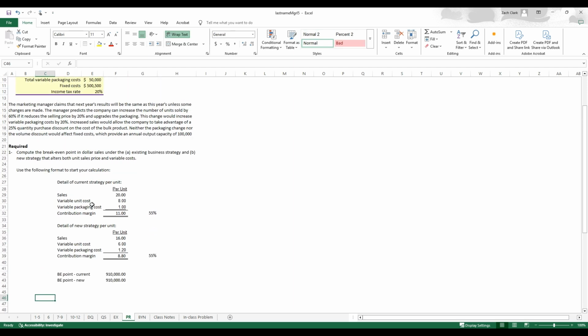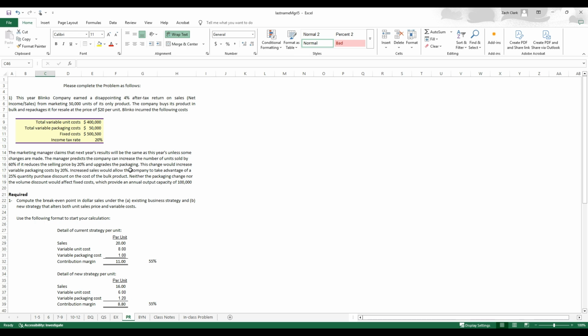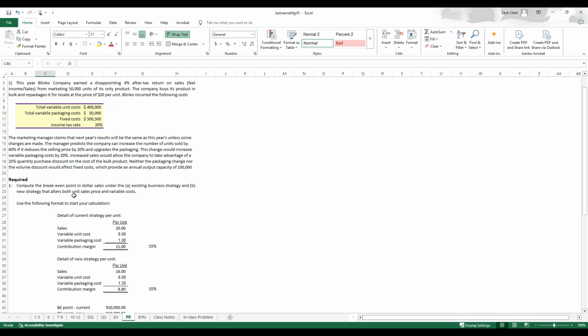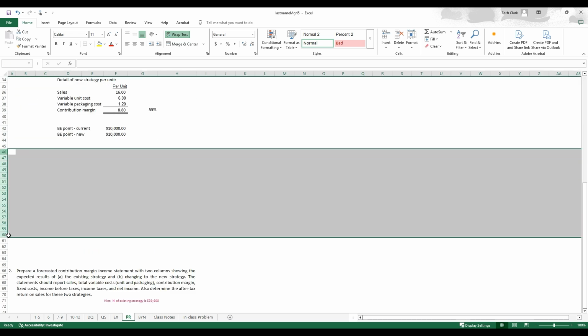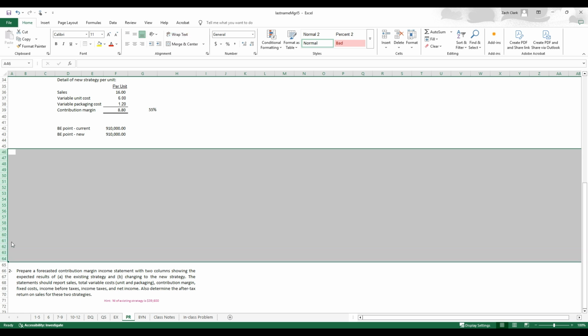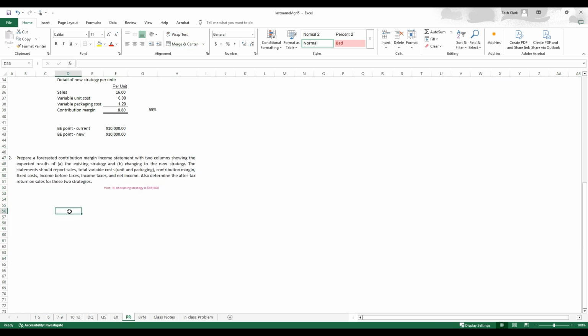So again, it tells us to do these calculations, including, where does it tell us? Oh, that was down below. Let me bring this back up, and we'll do it down here. So we want to show sales, variable cost, and let's just do variable cost and then variable packaging, two different types of variable costs.